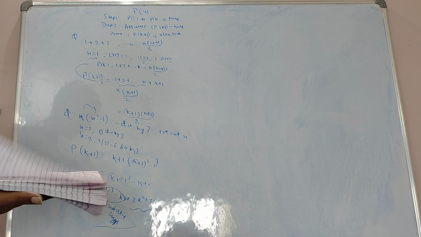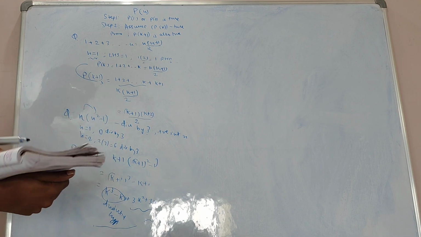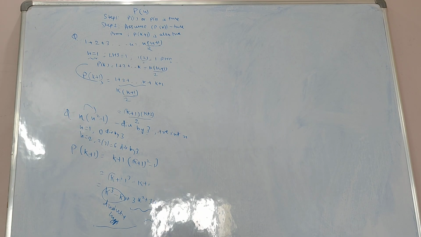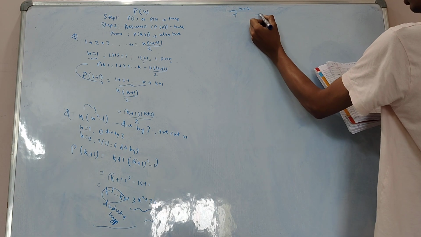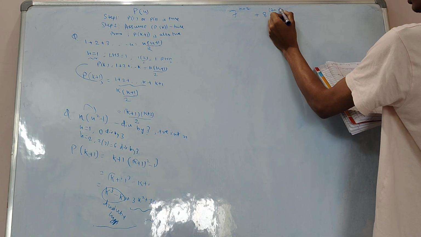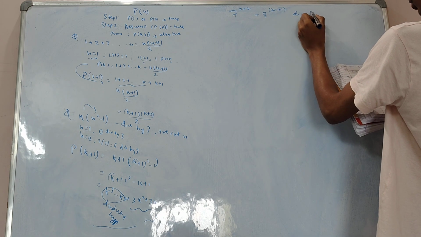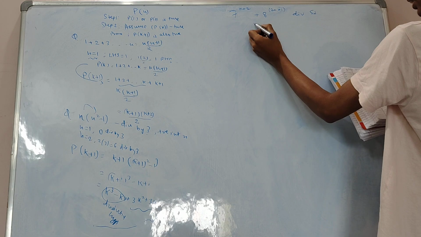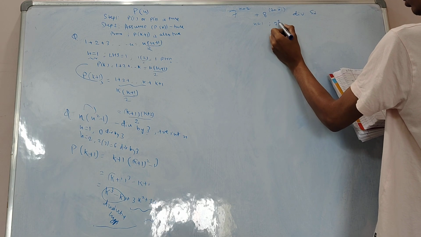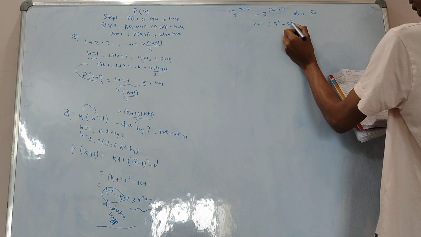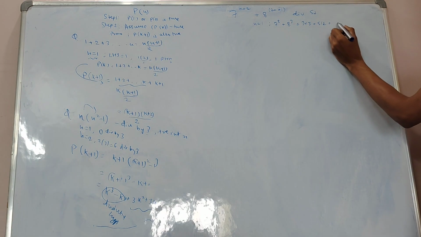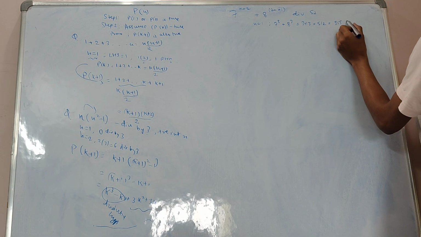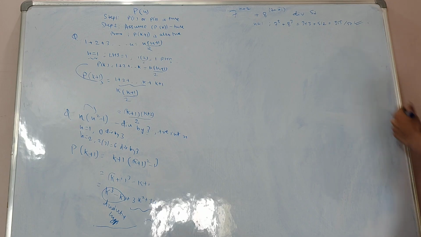Now the next question, we have to prove 7^(n+2) plus 8^(2n+1) is divisible by 57. So for n equal to 1, this holds true, that is 7³ plus 8³ equal to 343 plus 512 equal to 855, which is divisible by 57, right?